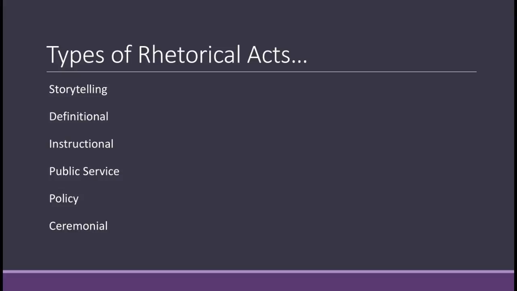The next rhetorical act is a definitional rhetorical act. This type of rhetorical act has the primary purpose of defining the particular artifact that you're analyzing. Really what happens in this type of rhetorical act is you are defining an unfamiliar or often misinterpreted concept within society.